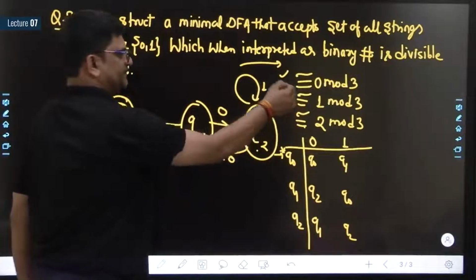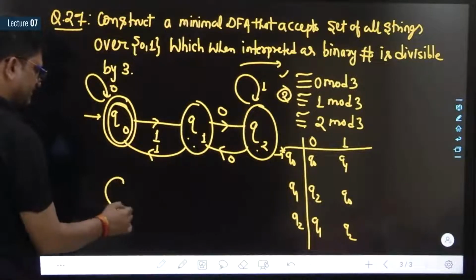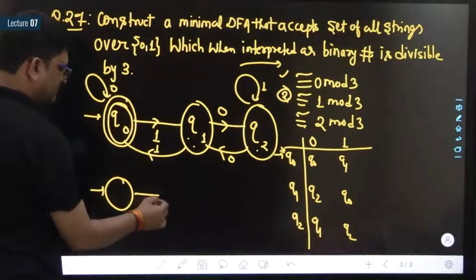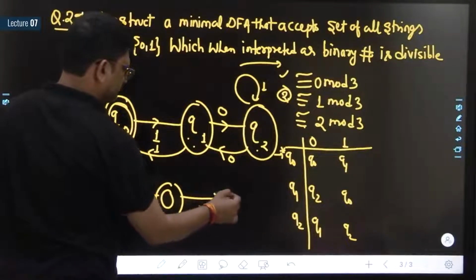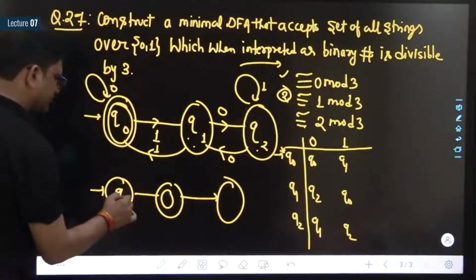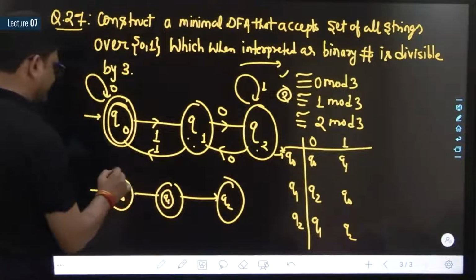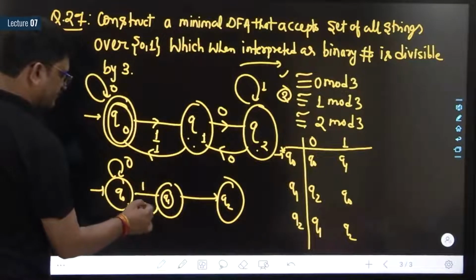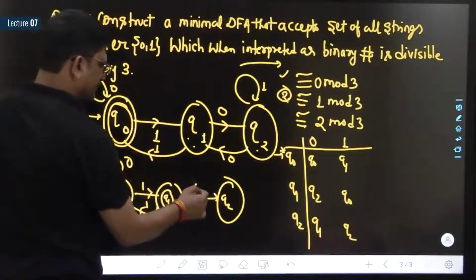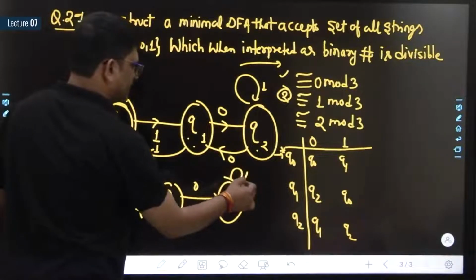Question number 2: this state is made the final state. Q0, Q1, Q2. Same transitions. Clear?